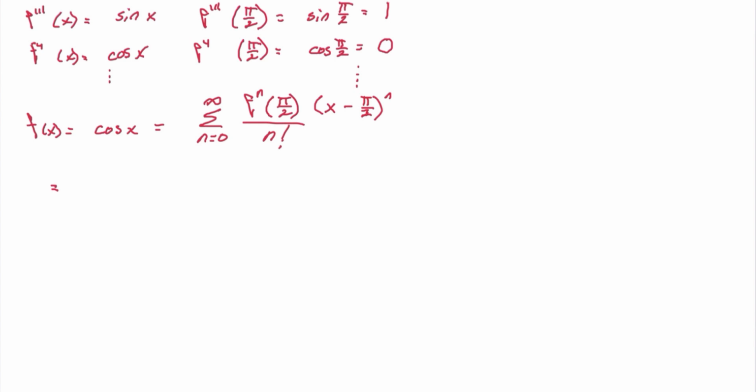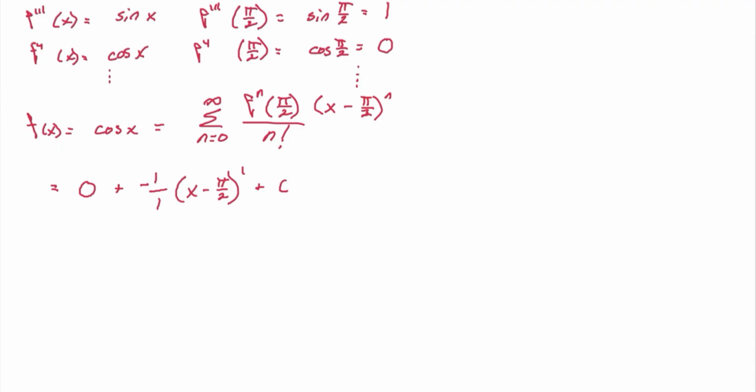When n is 0, we simply get 0. And then when n is 1, we'll get negative 1 divided by 1 factorial, which is just 1, times x minus pi halves to the first.